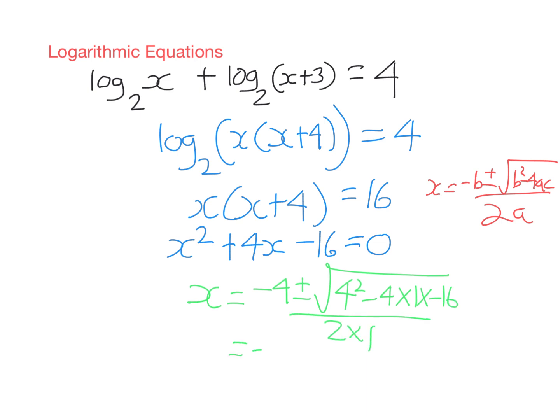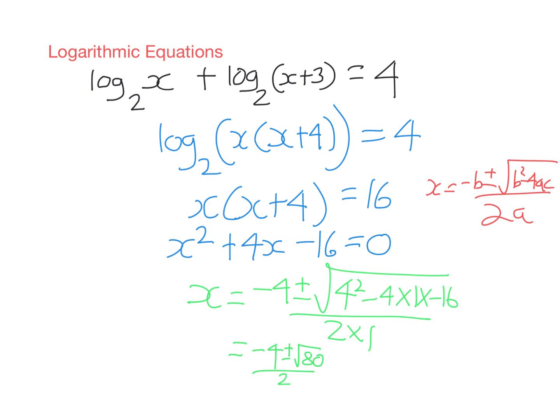So of course that equals minus 4 plus or minus the square root of 80, over 2. Note that there are 2 solutions here: negative 4 plus root 80 over 2, and negative 4 minus root 80 over 2. Now, one of these solutions works and one doesn't.